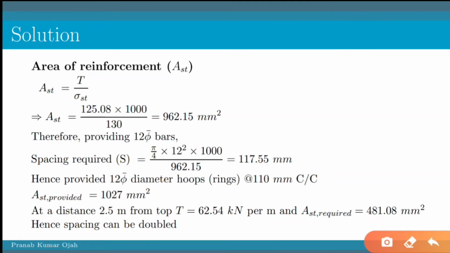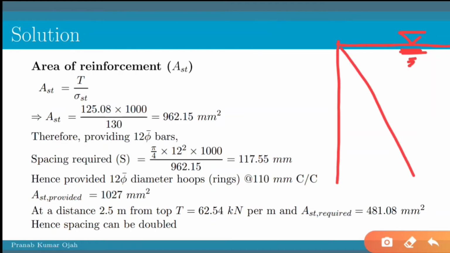So let me explain. This is the wall of the water tank, and suppose this is the top level of the water. We know that the water pressure will vary in a triangular pattern from top to bottom.